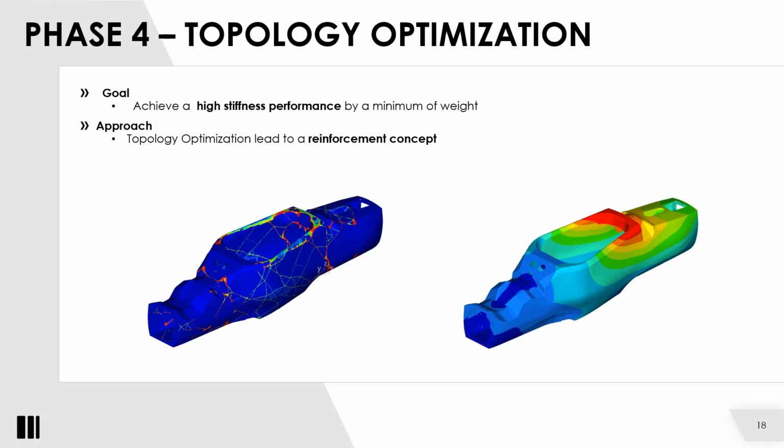The last step we added to this process is topology optimization. You all know this from metal optimization. If you use aluminum or titanium or steel, you can work with HyperWorks to get a topology optimization. We do the same with our monocoque, but with carbon fiber. We run the topology optimization in HyperWorks, and then you get these really nice small lines, which basically connect areas of high stress.